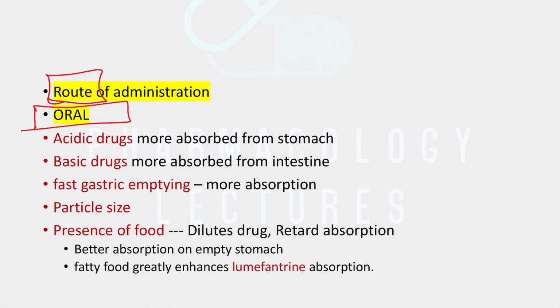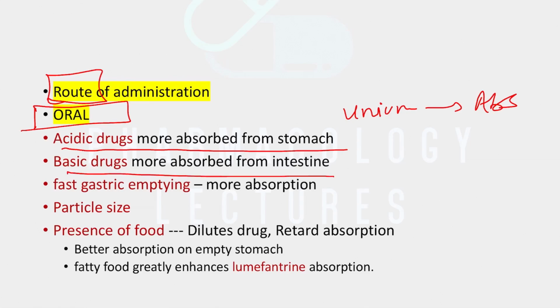We have already seen that acidic drugs are more absorbed from the stomach, and we know the logic: if the drug and the medium are both the same, then the drug becomes unionized, and unionized drug absorbs better. In the same way, basic drugs are absorbed from the intestine because the drug is basic and the atmosphere is also basic. So the drug would be more unionized, and unionized drugs absorb faster.